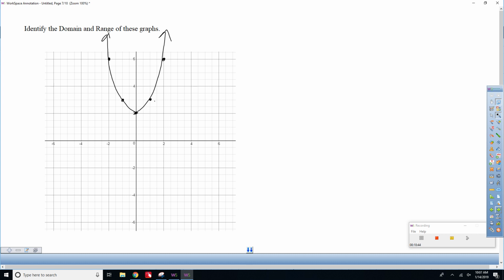Identify the domain and range. Well, it looks like the domain for this, x is a real number. It goes from negative infinity. Sorry. You can do it 2 ways.